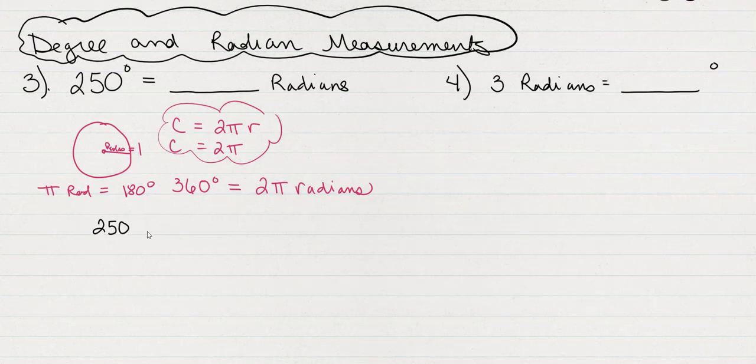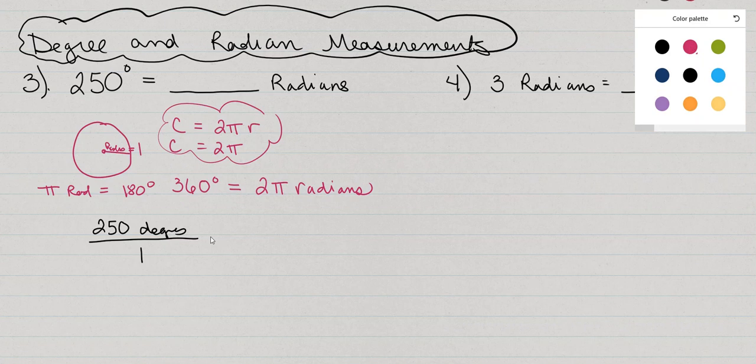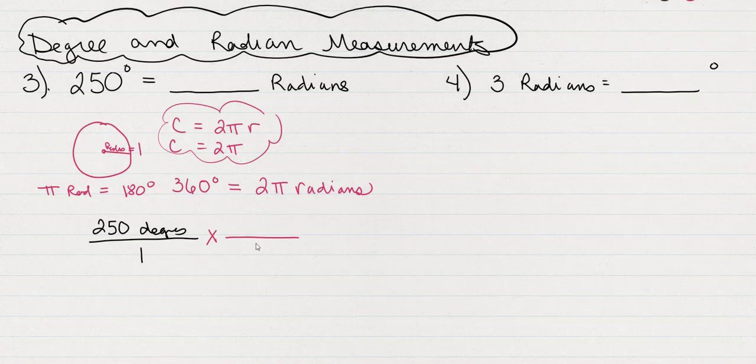What I can do to use unit fractions to do this is say I have 250 degrees and start by writing that over 1. And then what I can do is multiply that by pi radians over 180 degrees, right?